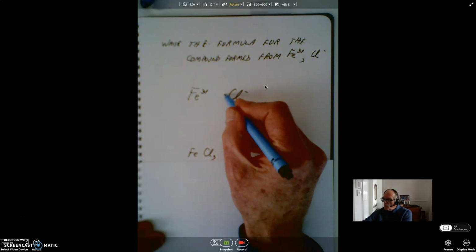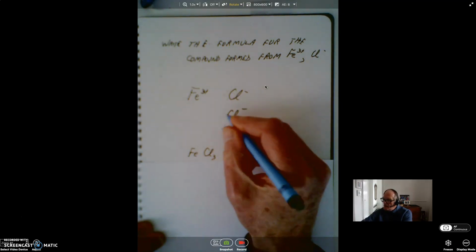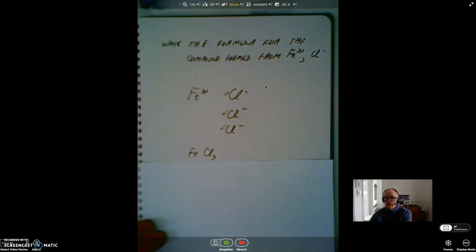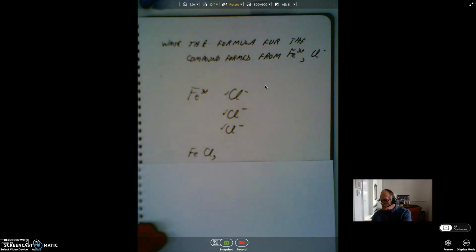But we had to use 1, 2, 3 Cl- ions to get the right number of minus charges. So we use a subscript of 3 to show how many we used. FeCl3. The subscripts show how many of each ion are in the neutral group.